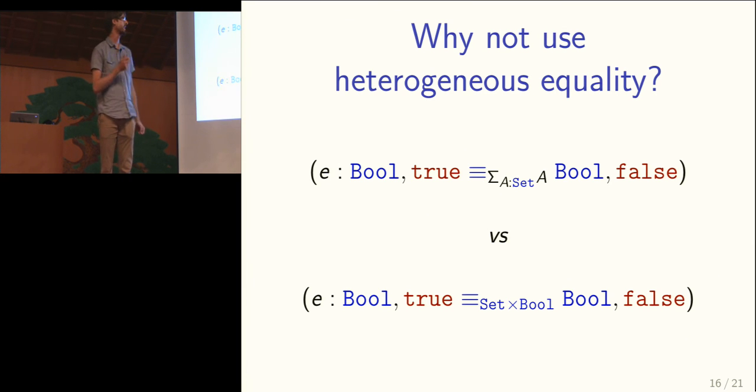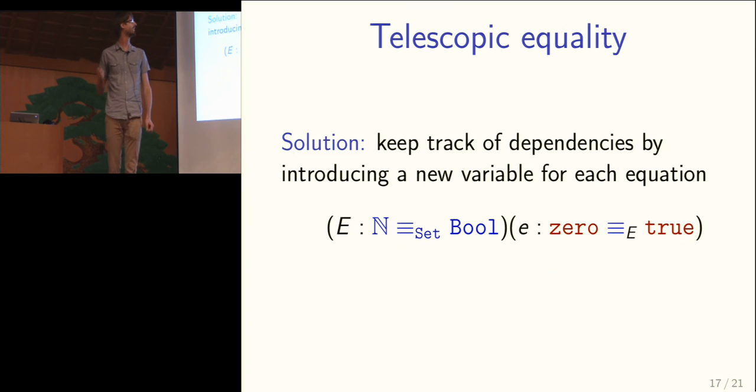So what we do instead is use telescopic equality, and this means that we keep track of the dependencies between the equations by introducing a new variable for each equation and allowing this variable to occur in the type of the subsequent equations.